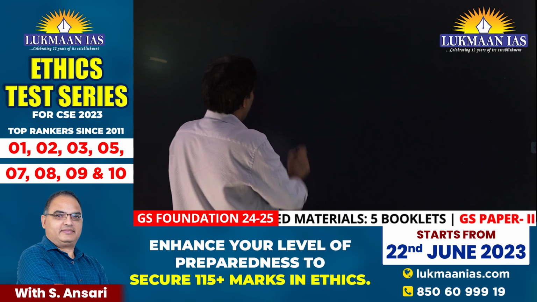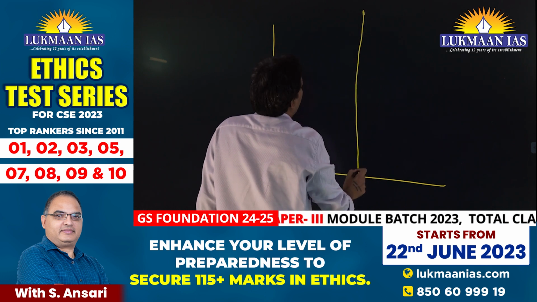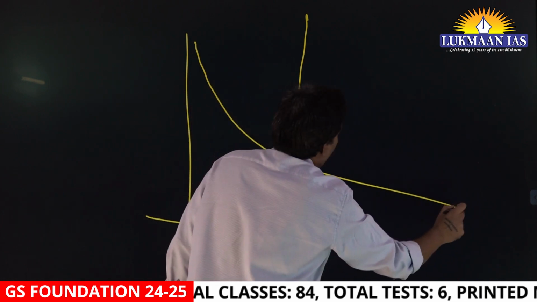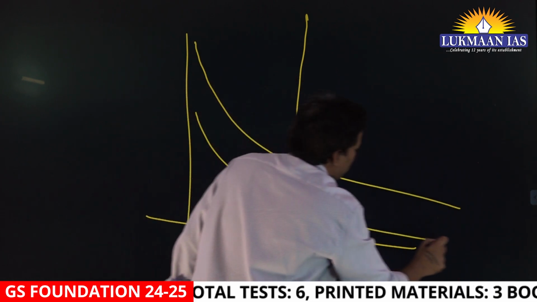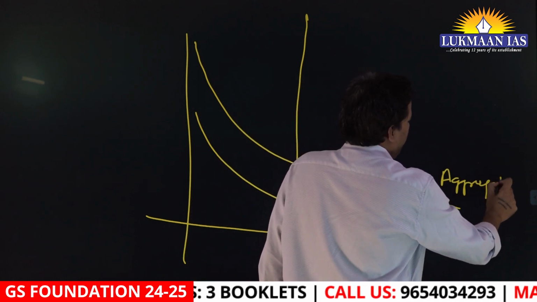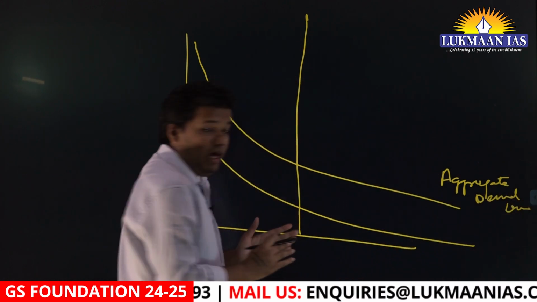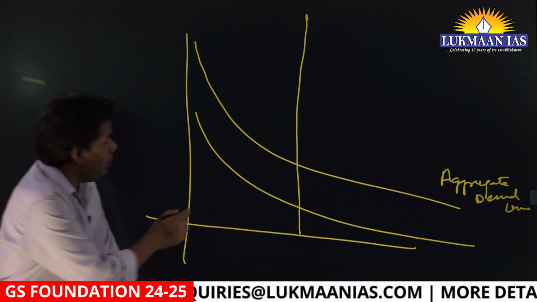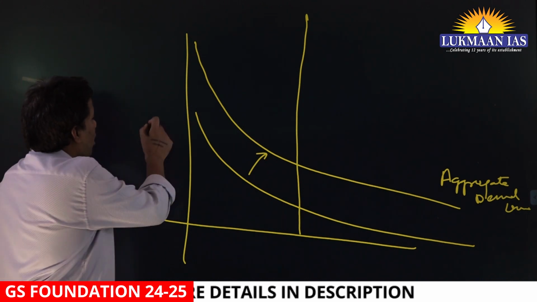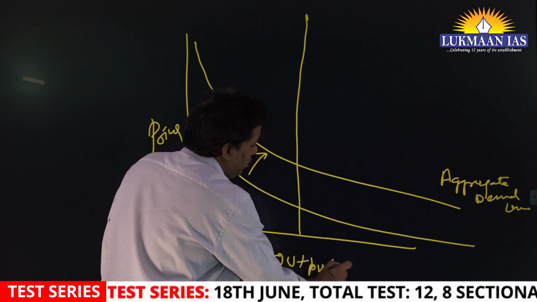This is aggregate supply, and this is your aggregate demand curve. Here you must know, as the money supply increases, your demand curve will shift to the right. Why? Any idea? Let's say my money supply is increasing. Why will it shift my demand curve to the right?